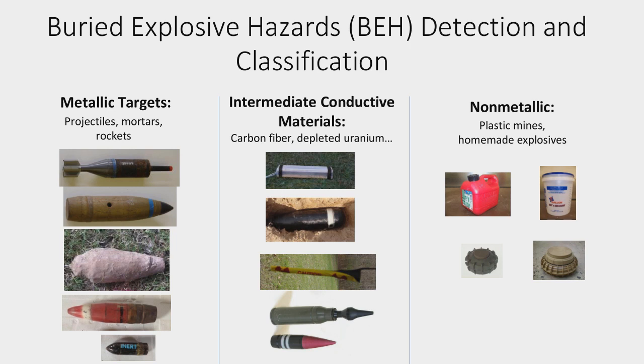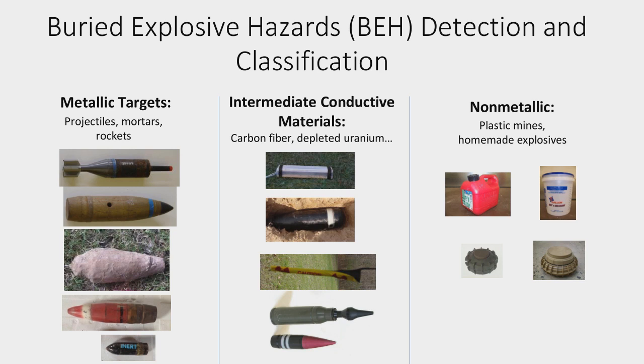What they have in common is that all of them are made with metals, or they have a substantial amount of metal. Then, with recent developments in material science, nowadays we also have intermediate conducting materials used in explosive devices, such as carbon rods and depleted uranium. This type of material has less electrical conductivity than metallic targets, so we call them intermediate conducting materials.